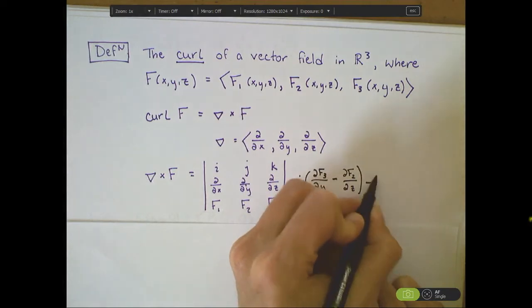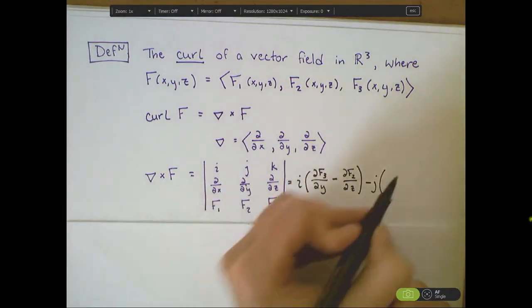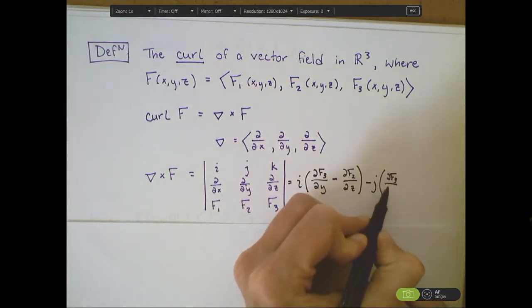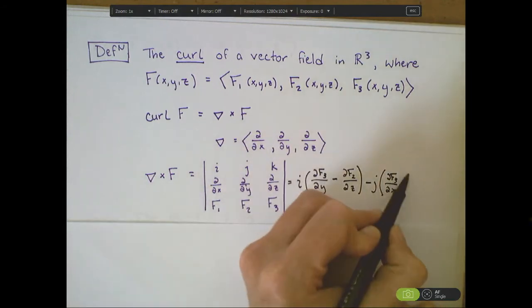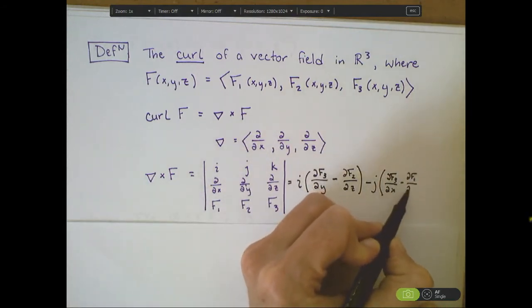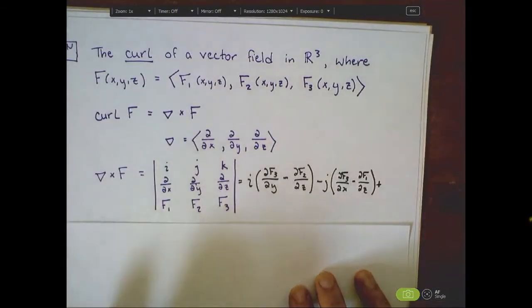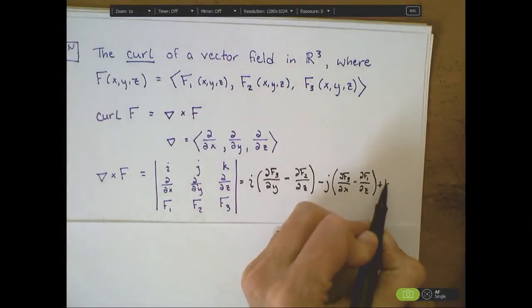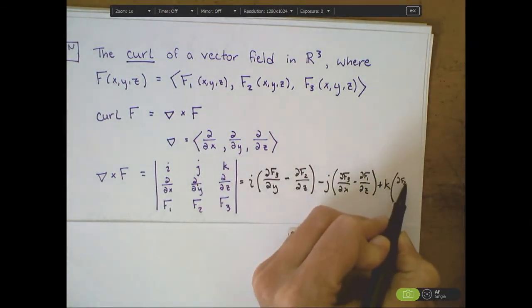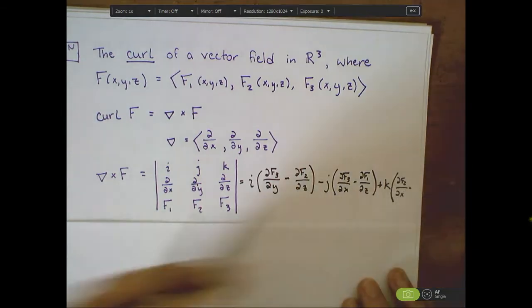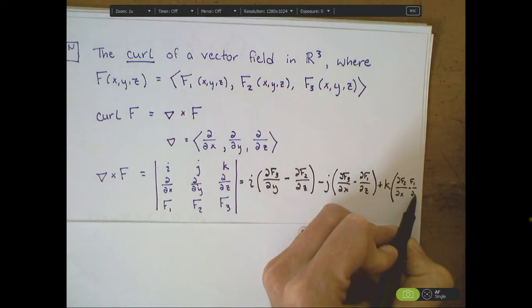So the j component is going to be the partial with respect to x of f3, df3 dx, minus the partial with respect to z of f1. And the final component, my space is getting a little tight, is going to be k times the partial of f2 with respect to x minus the partial of f1 with respect to y.